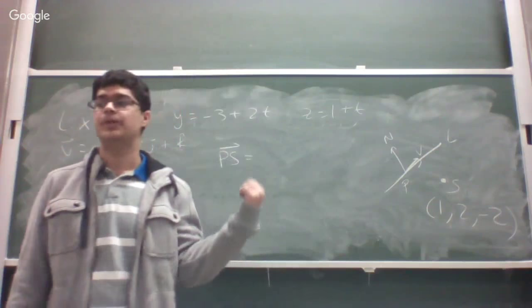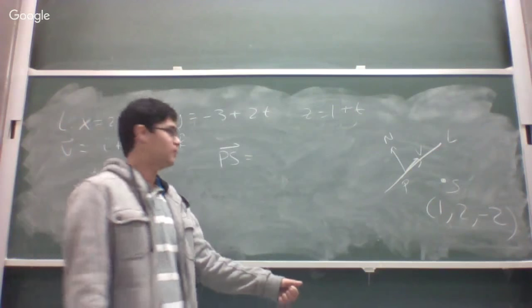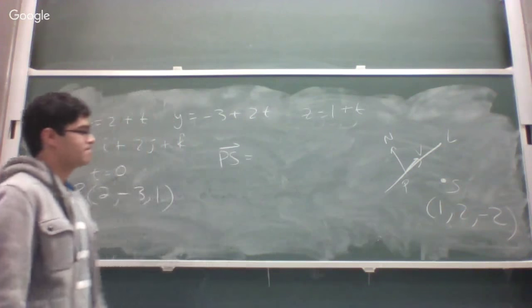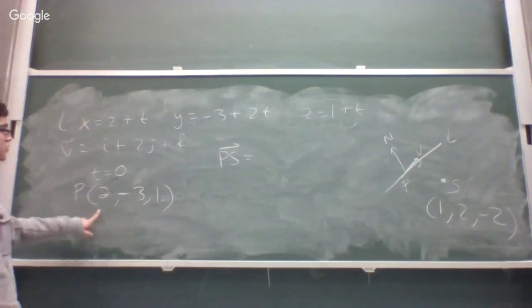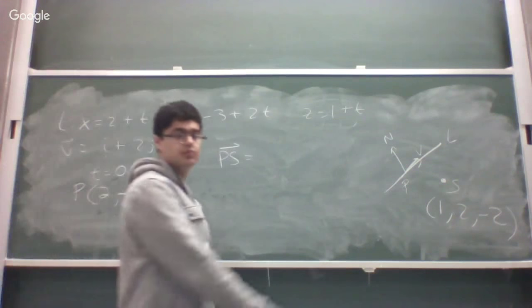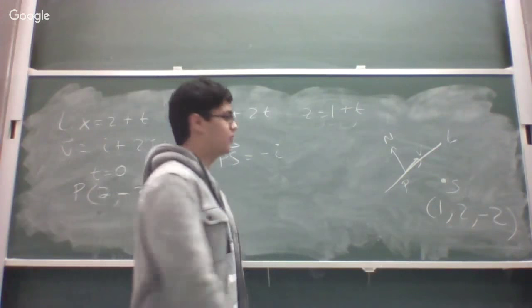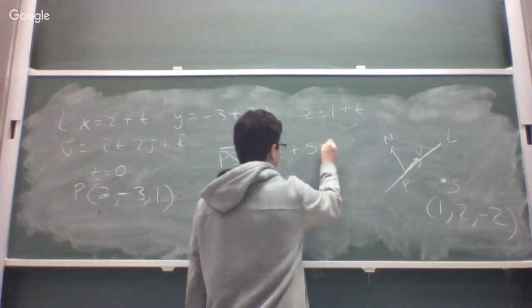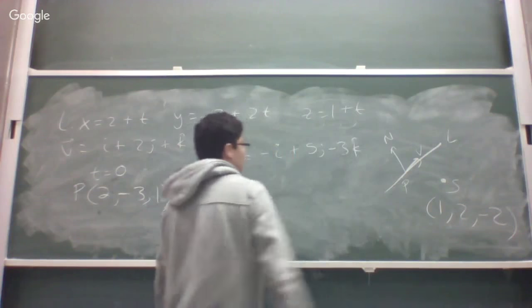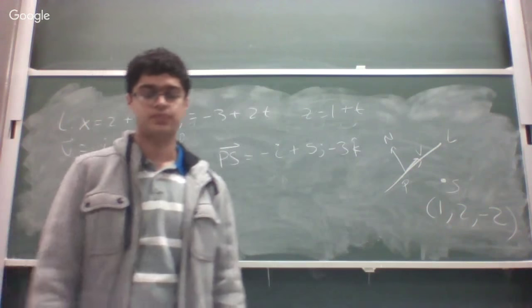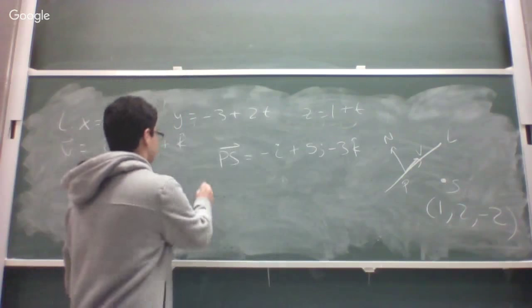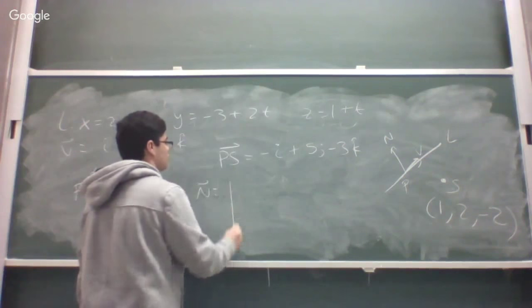So going from P to S, what would our vector be? 1 minus 2, plus 5j, minus 3k. The normal vector is a cross product of them.